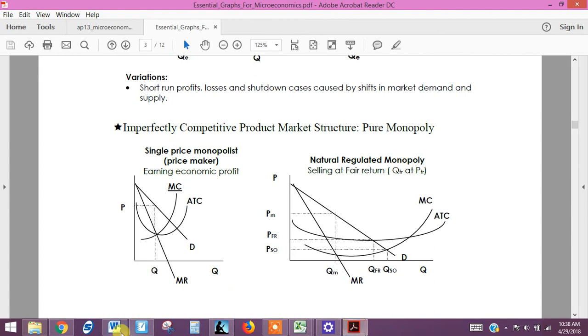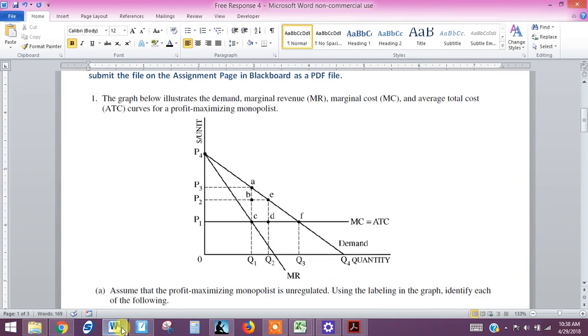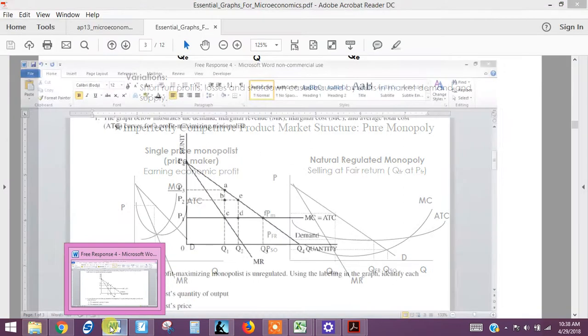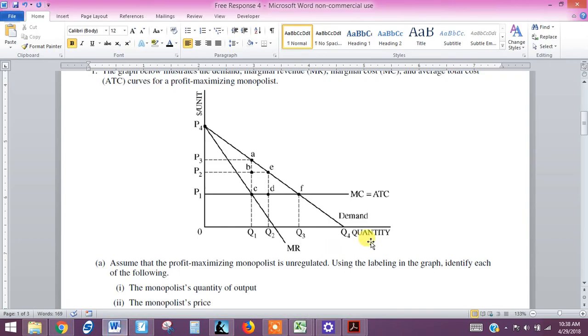So if we go back to the one we're looking at for our question, you can see this point right here where marginal revenue equals marginal cost. Anyway, this is the point where the firm is going to produce in order to maximize profit.